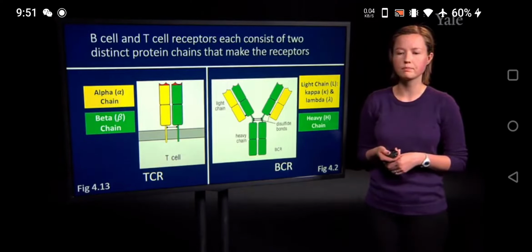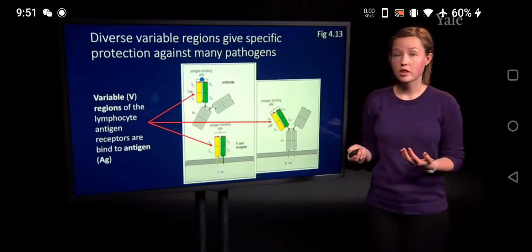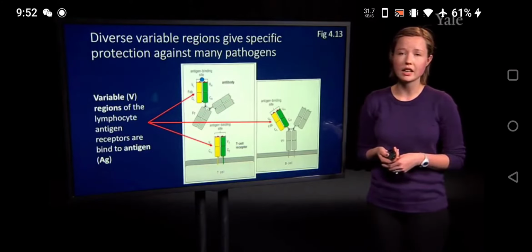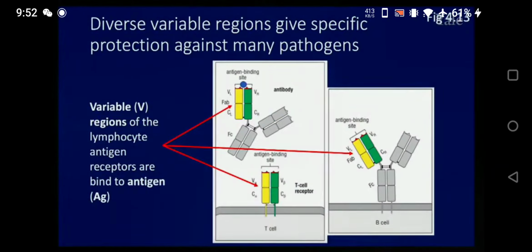When we look at the actual structures of these heavy and light chains, we can appreciate that they are mediating different types of importances. So near the end of the T-cell receptor and the B-cell receptor, there are specific regions referred to as V, or variable regions, and as you might suspect by the name, these are the regions that are responsible for actually binding to the antigen.